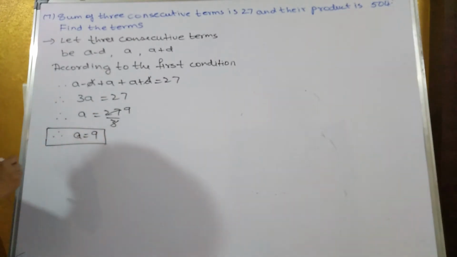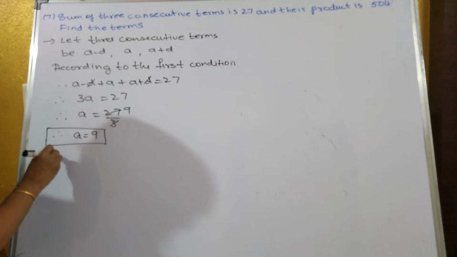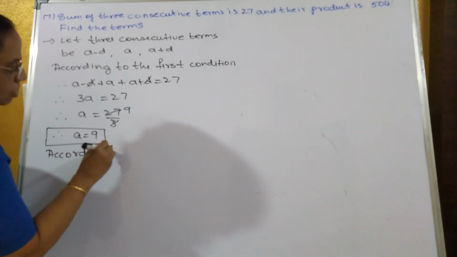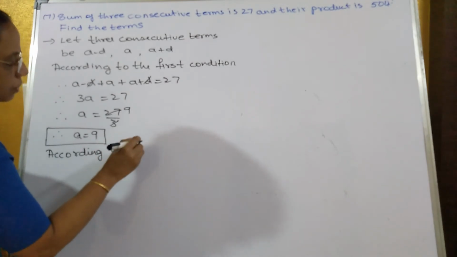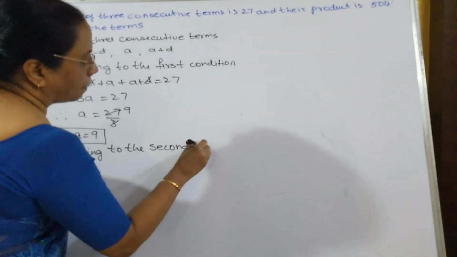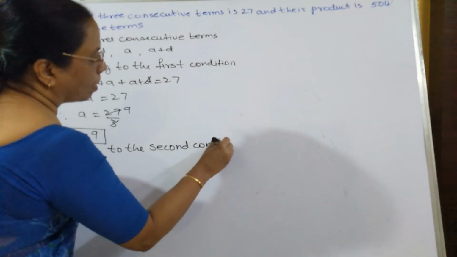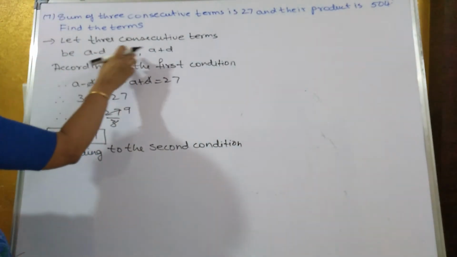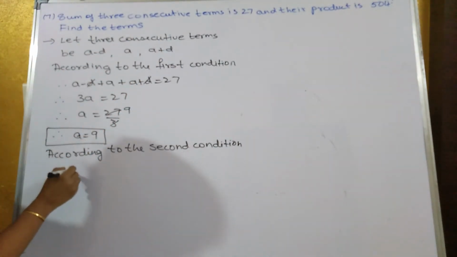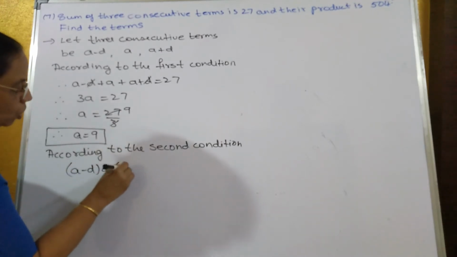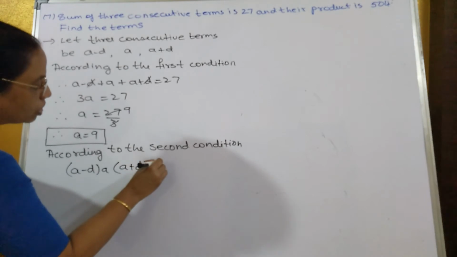Now according to the second condition, what they have given, and their product, that means when you multiply all these three you should get 504. So A minus D into A plus D should be equal to 504.